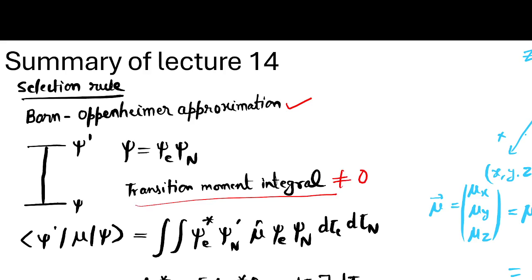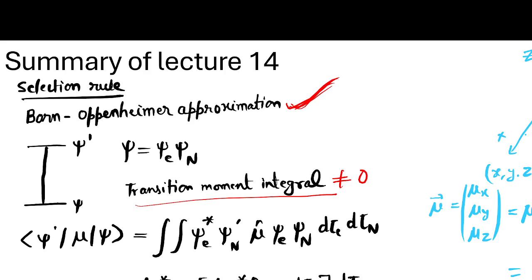If this is zero, that indicates no transition is happening between two energy levels. So this transition moment integral should exist. We derived this equation using Born Oppenheimer, and we converted it into spherical polar coordinates, and it became like this.